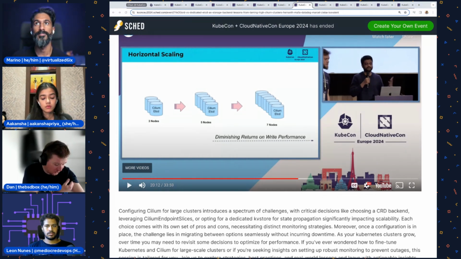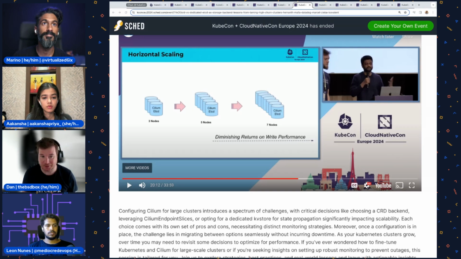And this largely was due to the fact that I think it was Calico back in the day. Their implementation for what Calico was doing with networking meant that once you hit a certain scale of nodes, Calico would hammer etcd so much that it would make your cluster fall over.